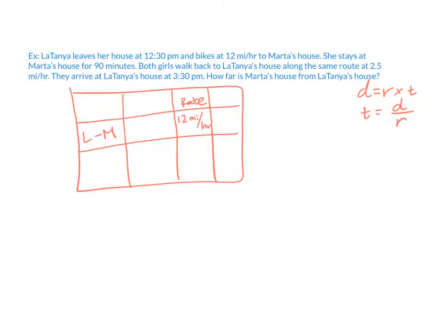I also know that when they're going from Marta's house to LaTanya's house, they're going to be walking at a rate of 2.5 miles per hour. So then the total time for the trip can be given to us.